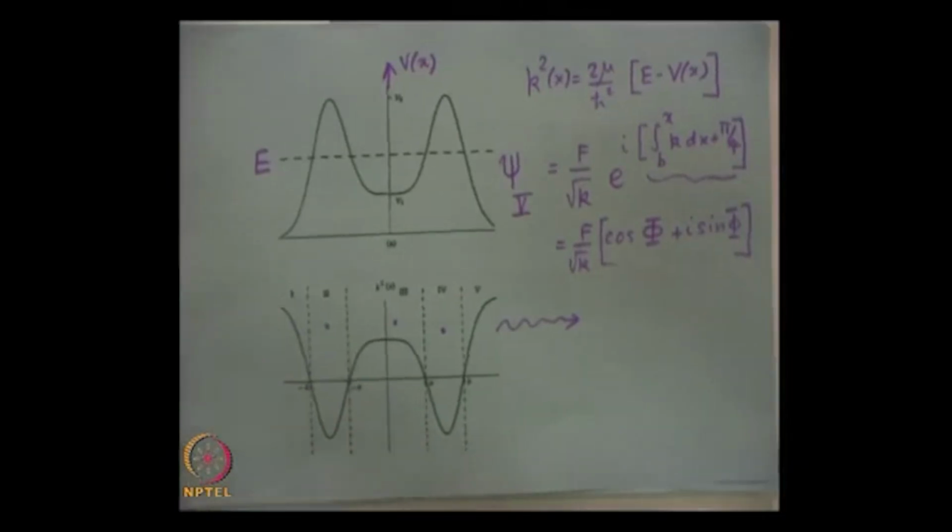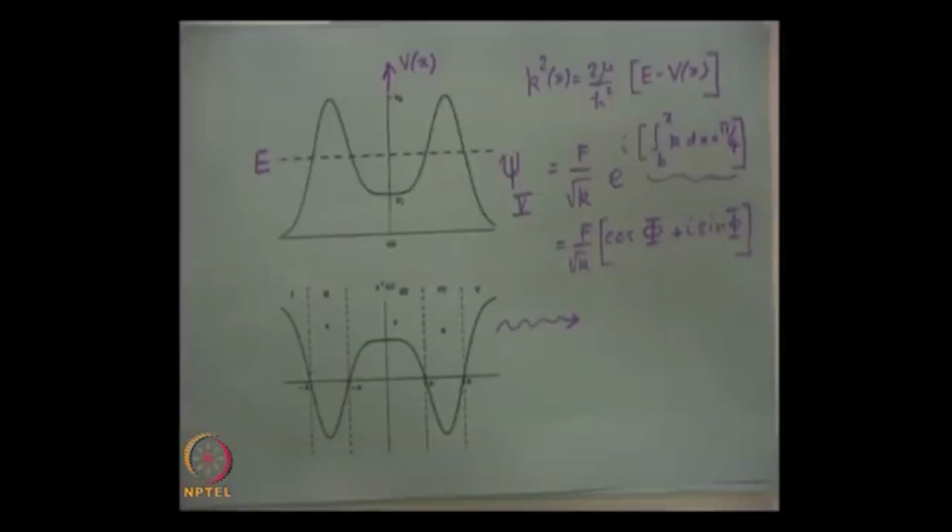It is a very systematic process, very straightforward, and I would urge all of you who want to learn the tricks of using the connection formulae to work this out yourself. It will help you to use the JWKB approximation with tremendous efficiency and simplicity.